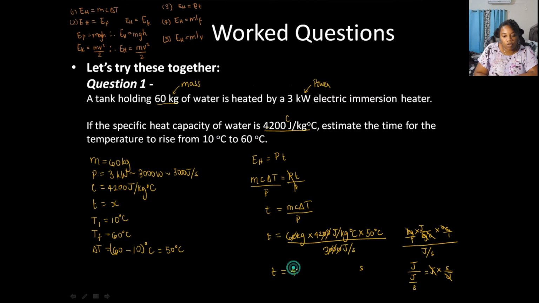So 4200 seconds. Wow. Right? So 4200 seconds. I hope you got that. Let me redo the calculation to make sure that I did it correctly. Okay, great.